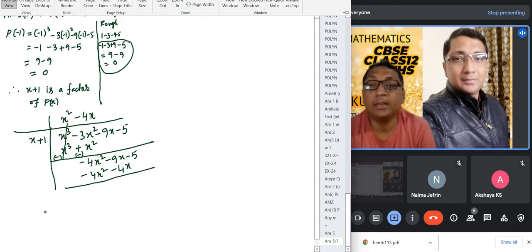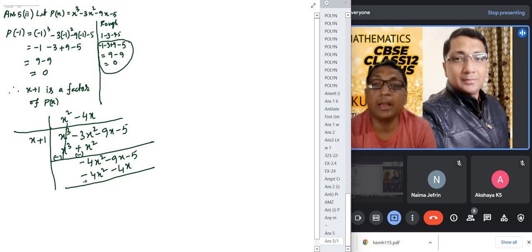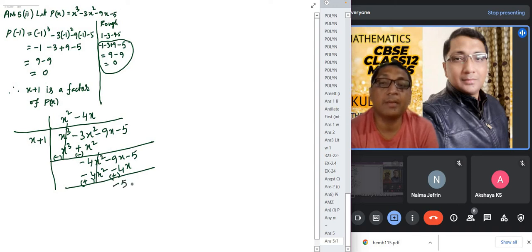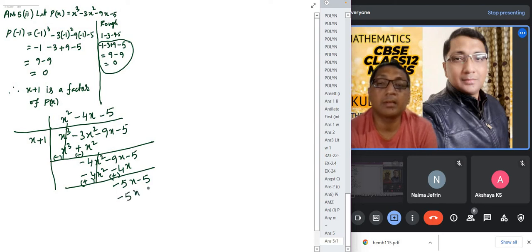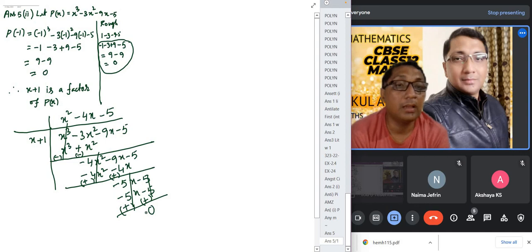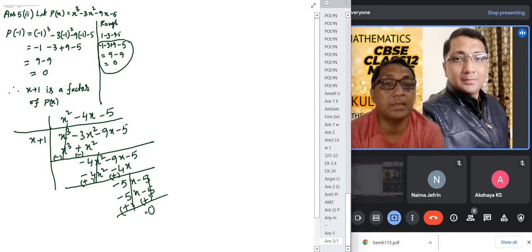Here plus sign, here also plus sign. This will be cancelled. So minus 5x minus 5. Now its first term, if we divide, we'll get minus 5. So minus 5x minus 5. Subtract, both will be cancelled. And remainder you will get 0. If you do not get 0, then you will understand somewhere you made a mistake.